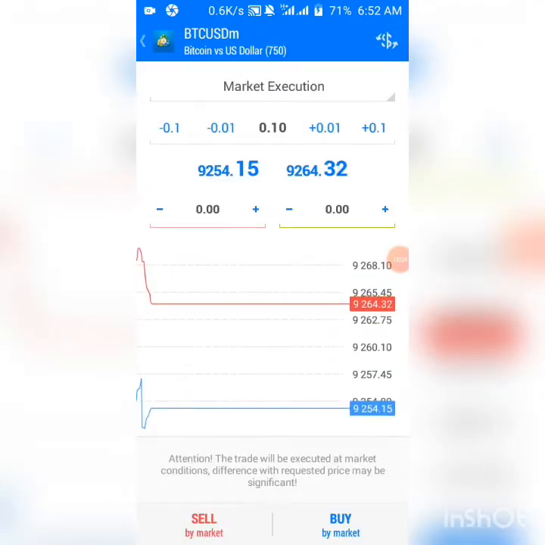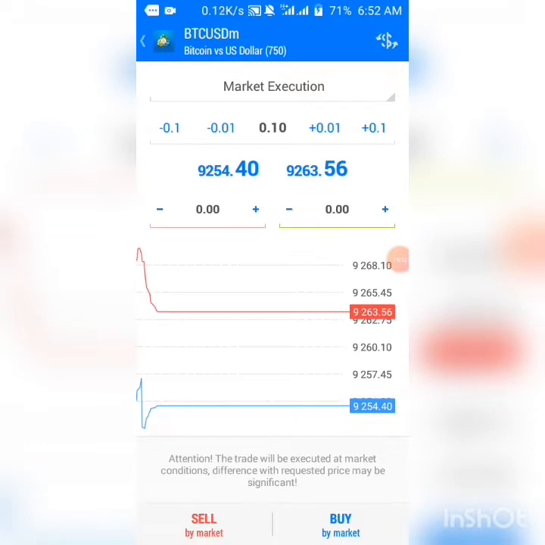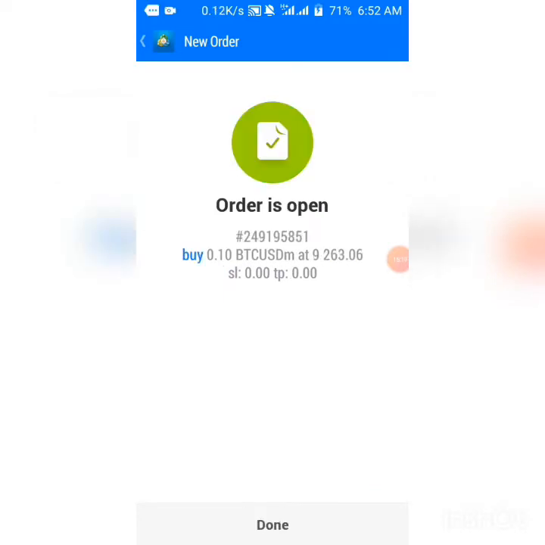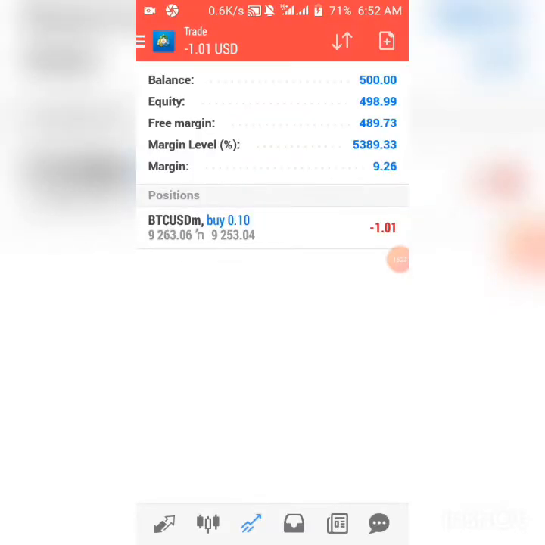If I want to buy, I'll click the button at the lowest right corner here. I'll click it if I want to buy Bitcoin. Okay, just bought Bitcoin. You can see this is my trade.